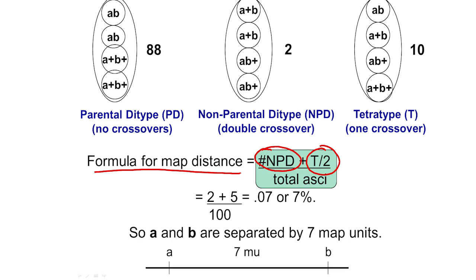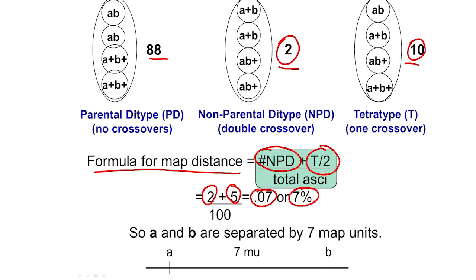So let's just do the math, and then we can explain why this is the case if it's not obvious. Number of non-parental ditypes, we counted 2, right? T over 2, so we had 10 tetratypes. 10 divided by 2 is 5, so we're going to add 5 over there. And I made the math easy, in the sense that if you add them all up, you'll see there are 100 total asci that we were counting. So 2 plus 5 equals 7 out of the total of 100 gives us 0.07 or 7%.